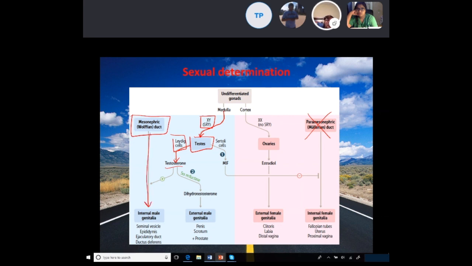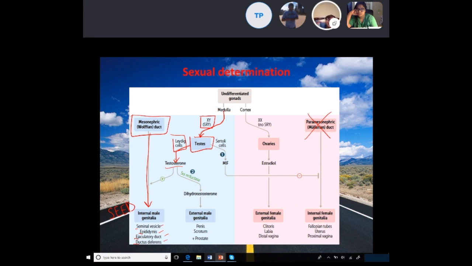Now, these are going to create the internal male genitalia, which is the seminal vesicle, epididymis, ejaculatory ducts, and the ductus deferens. And I always use the mnemonic SEED to remember those: seminal vesicle, epididymis, ejaculatory duct, and ductus deferens. So these make the internal male organs.